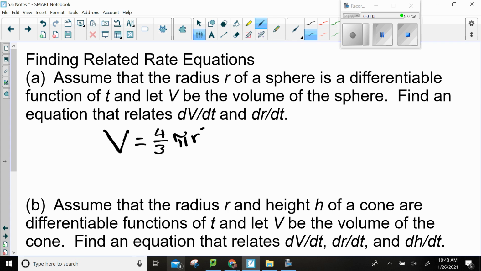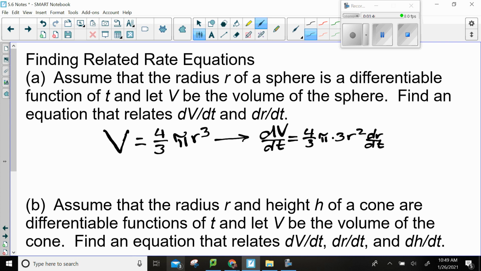V equals 4/3 pi r cubed. We are finding the derivative with respect to time, so we are finding dV/dt. How fast is the volume changing with respect to time? I have 4/3 and pi, which are both constants, so I leave them there. For r cubed, I bring the 3 down, subtract 1 from the exponent, and multiply by the derivative of r.